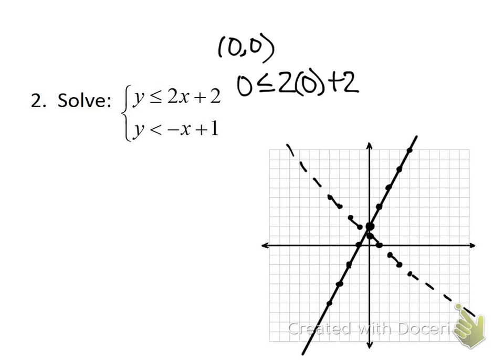What's 2 times 0? 0. 0 plus 2. So we end up with 0 is less than or equal to 2. Is that true or false? Is 0 less than 2?